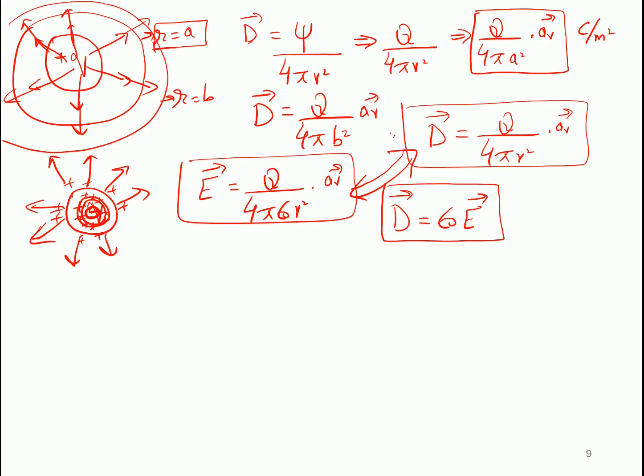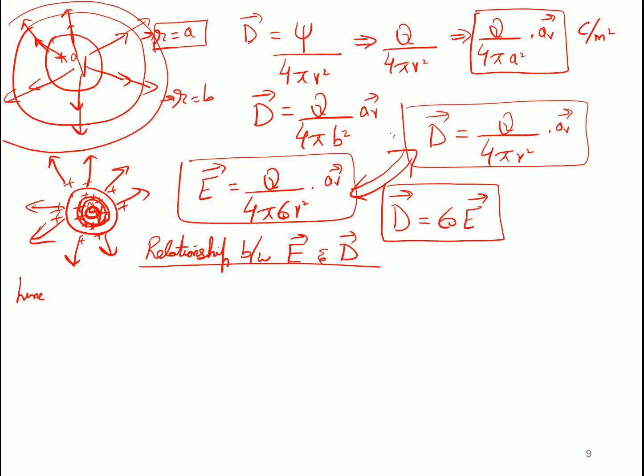But if these relationships exist for a point charge, this means that the D and E relationship is also going to exist. So we can say that the relationship between electric field intensity and electric flux density is also going to exist for which charges?